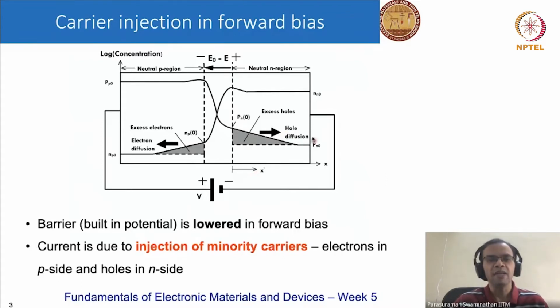Similarly, electrons are injected on the n side, and these electrons cross over the depletion region and move on to the p side where they are minority carriers. Thus, current in a p-n junction in forward bias is due to the injection of the minority carriers. These are electrons in the p side and holes in the n side.